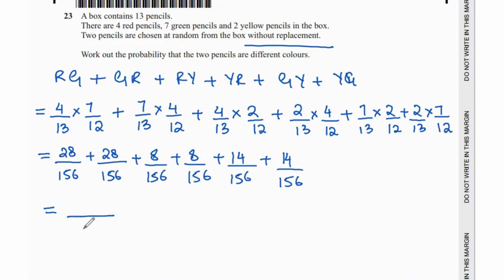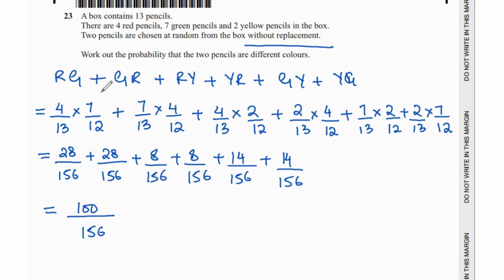Add it up. Denominator remains the same. Numerator is going to be 28 plus 28 plus 8 plus 8 plus 14 plus 14. That's 100. 100 over 156 is the probability. If you want to simplify it, you can, or you can leave it as it is. Either way, your answer will be correct.